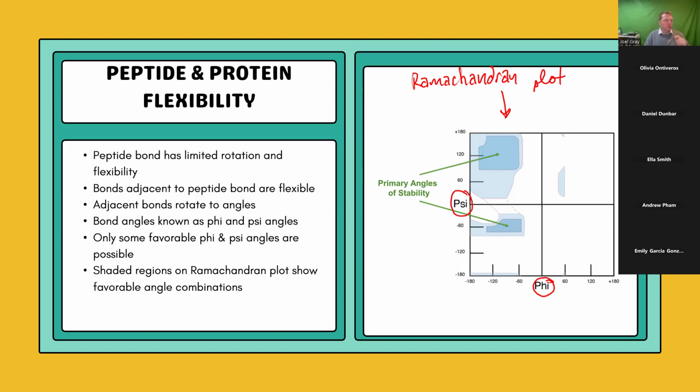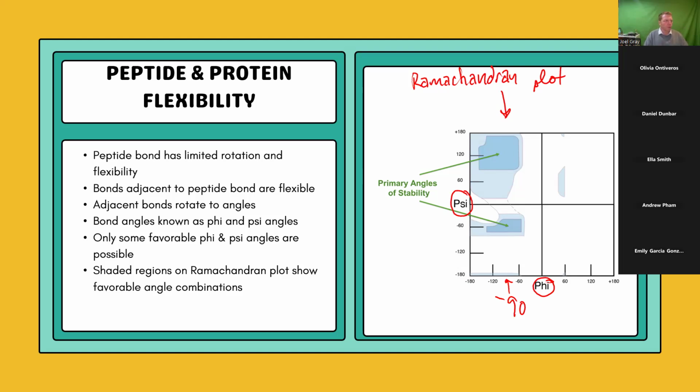Now, when you look at this plot, what this is showing is the shaded regions are the most stable regions. So if I were to adjust a phi angle or a rotation to negative 90 degrees, a negative 90 phi angle, that's going to look right about there on my x-axis.